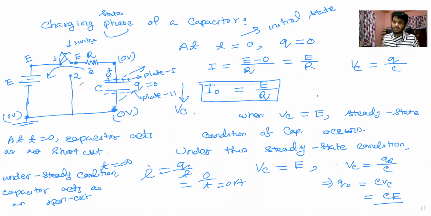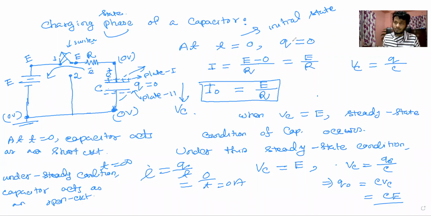At time t equals to 0, the capacitor will act as a short circuit. Why? Because at time t equals to 0, the potential across this capacitor is 0 volt, so we could replace this capacitor with a short circuit equivalent. This is what happens at the initial state.